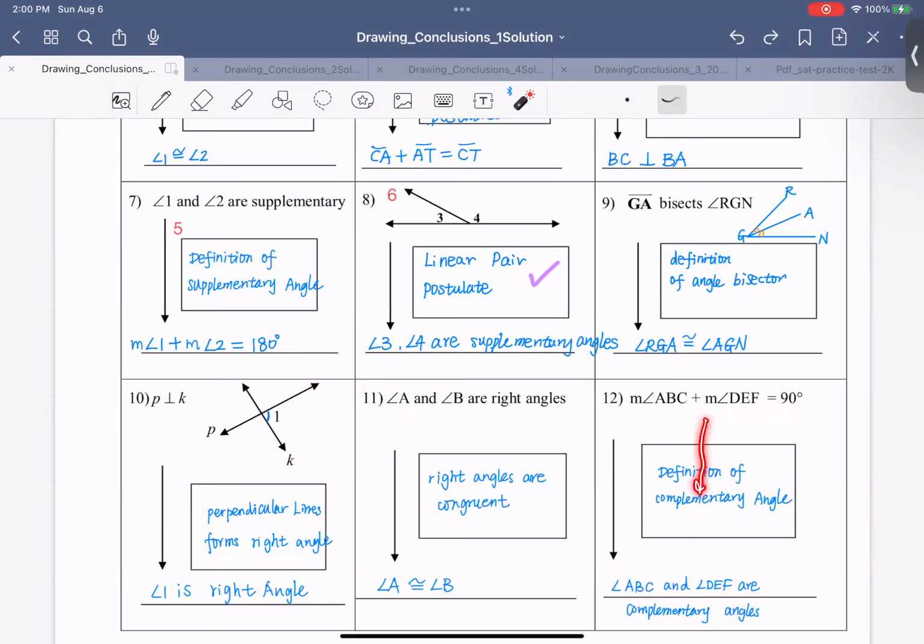So the guy here is called the definition of complementary angles. This is also important. This kind of question happens each year in the standard test called SAT.